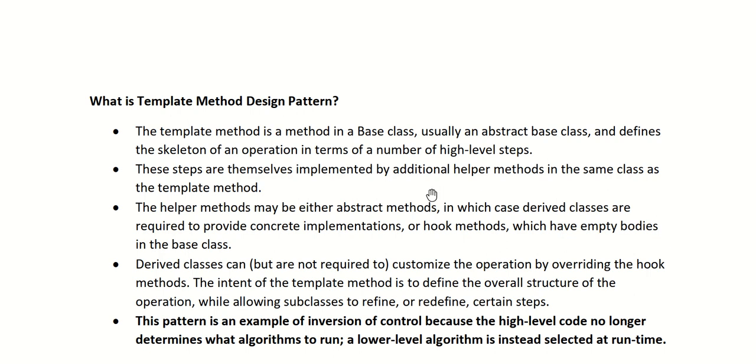The intent of the template method is to define the overall structure of the operation or an algorithm or a workflow, while allowing subclasses to refine or redefine certain steps or activities. Basically, the template method design pattern gives you a structure of an algorithm or a workflow, with a fixed number of steps in the proper order.